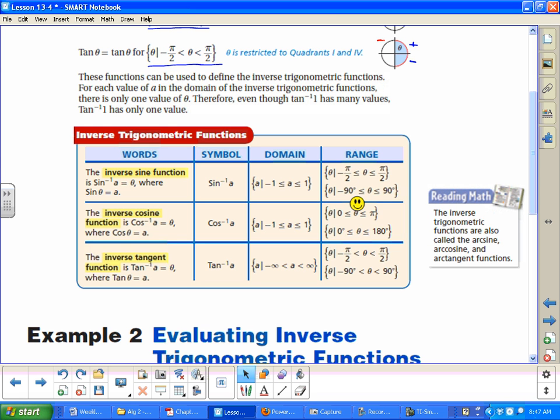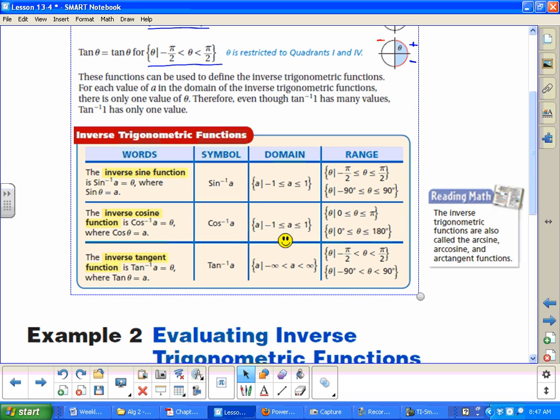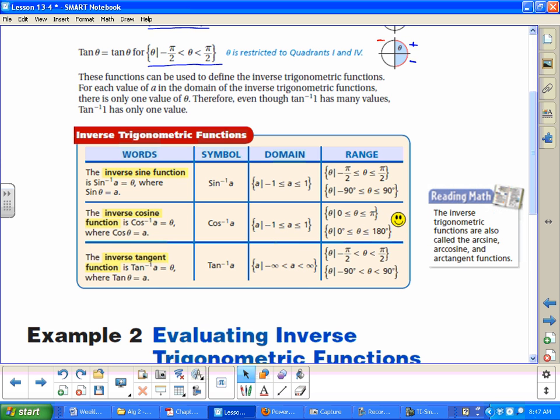It has to be something that's on the right-hand side of our unit circle. Cosine, inverse cosine of the ratio, also has to be between -1 and 1. And we'll actually explore with our calculator a little bit as we're doing this. And that's going to be in the upper half of the unit circle, from 0 to pi or 0 to 180.